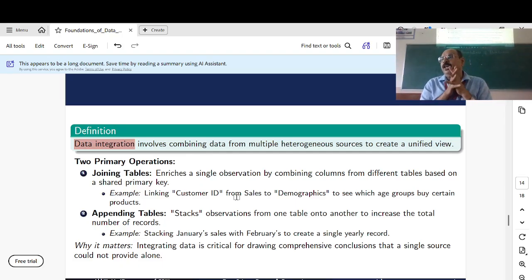Integrating data is very important because we need to draw proper conclusions.